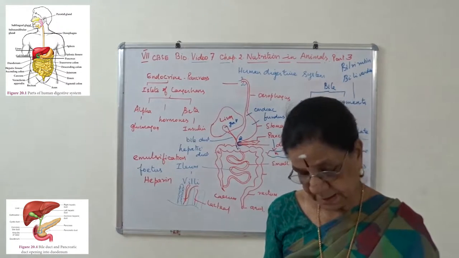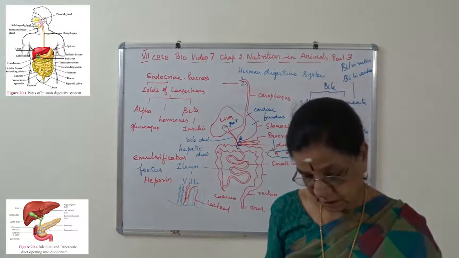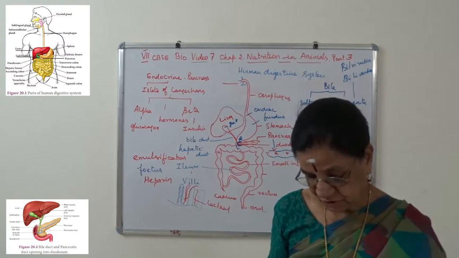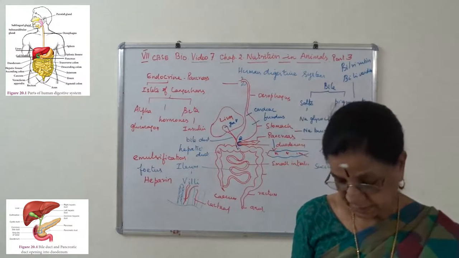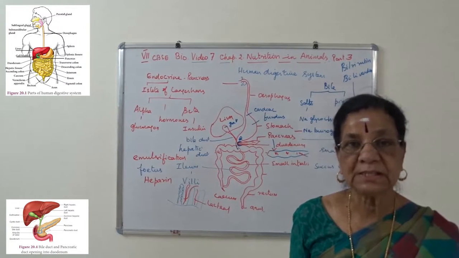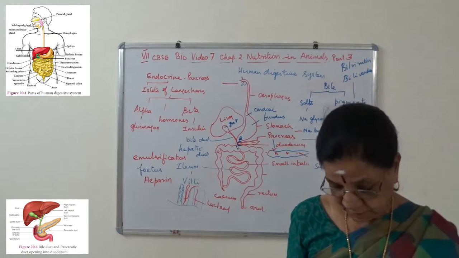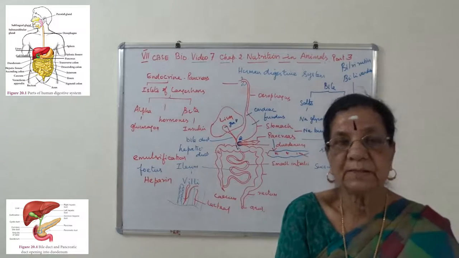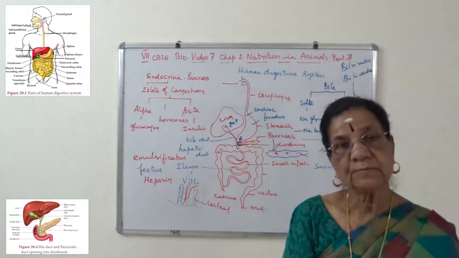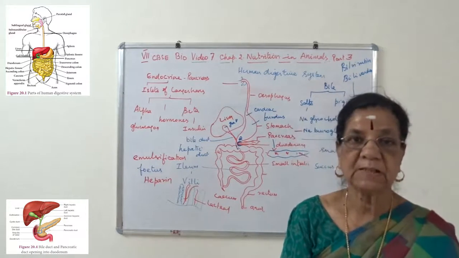After the nutrients are absorbed, they are carried to each cell in the body by the bloodstream, and each nutrient is used in a different way. The process by which absorbed food is utilized by the body is called assimilation. Right?